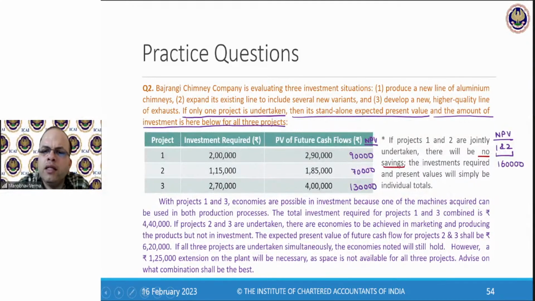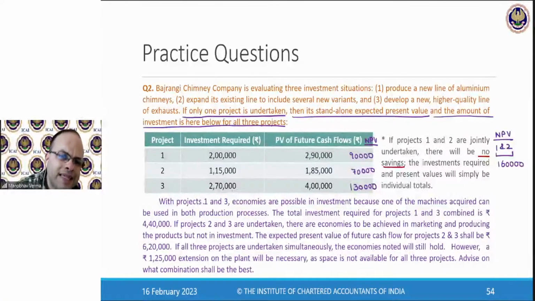Investments required and the present values will be just subtotals. That is, investment required will be 315 and the present value of future cash flows will be 475. 475 minus 315 is 160. Guys, I hope everyone is going good here.